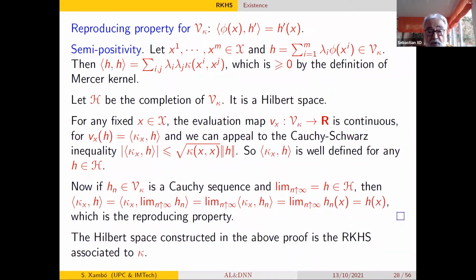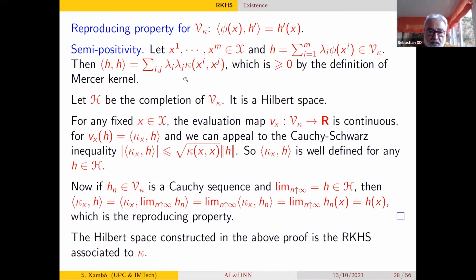The semi-positivity is the same argument we used before, or a similar argument. You take m points on X, you take h, this expression, and then h inner product h has this expression, which by the definition of the Mercer kernel is greater or equal than 0.